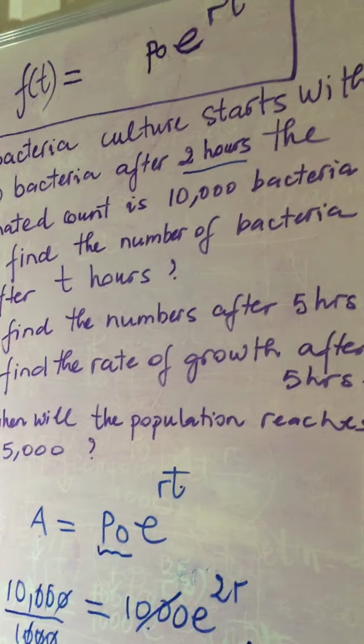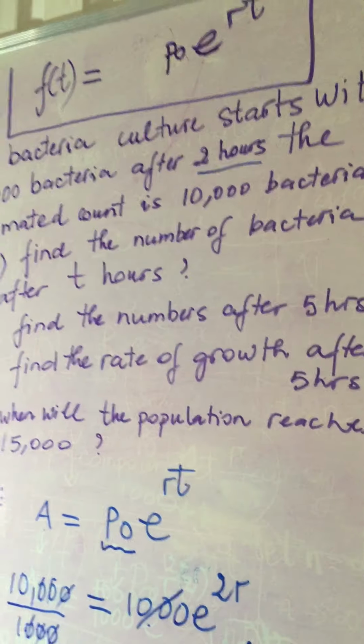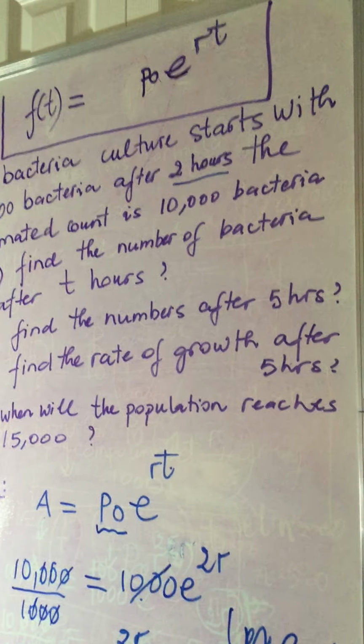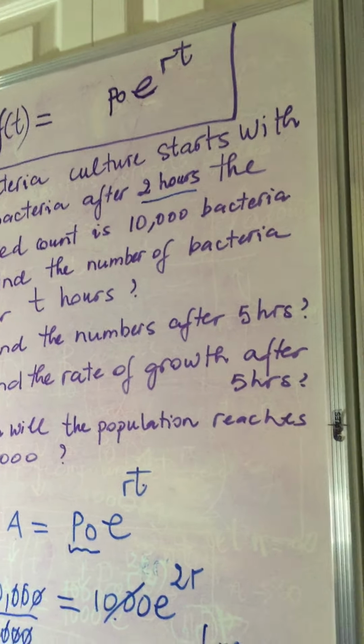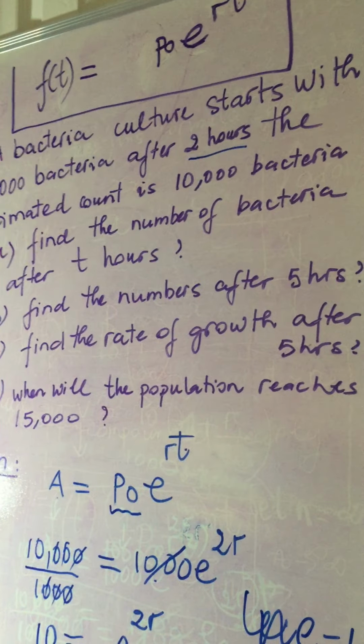Now, the first question, question A, asks to find the number of bacteria after t hours. So what they want you to do is establish a general formula to answer question A, because they didn't say how many hours. They just say after t hours. If we don't know the time, we're not going to find a real number, but we will establish a general equation.